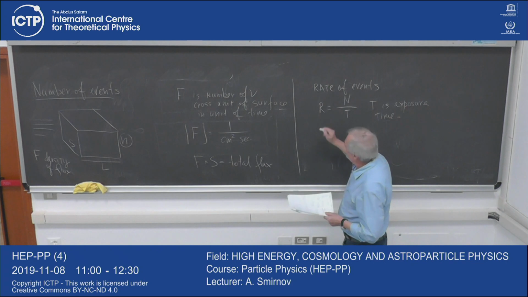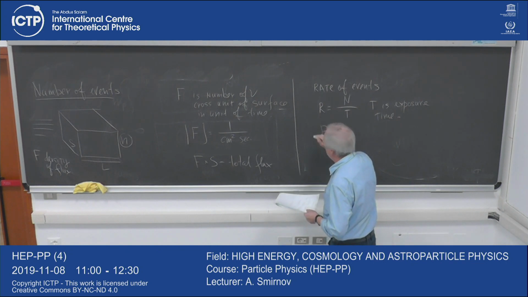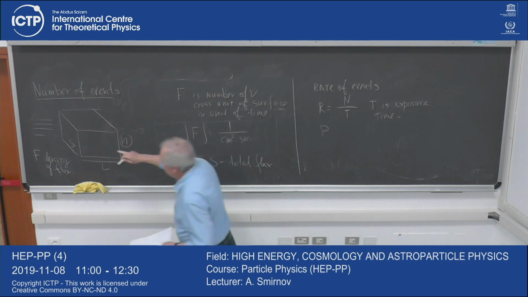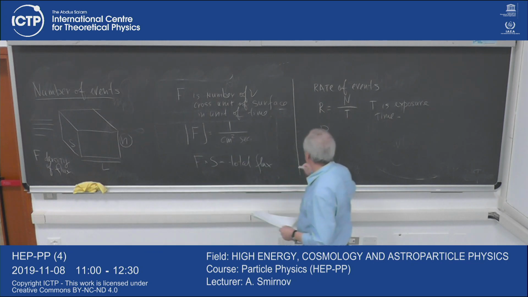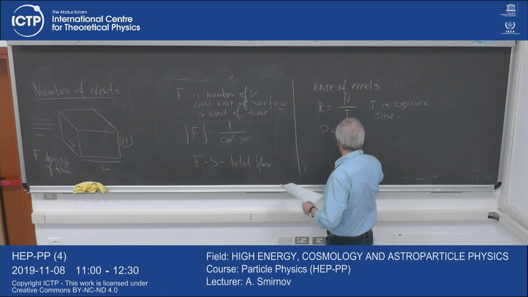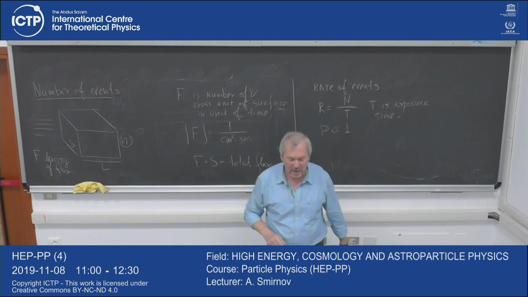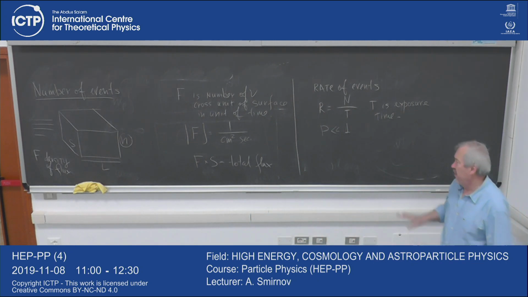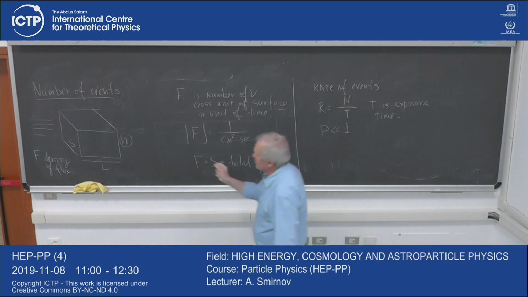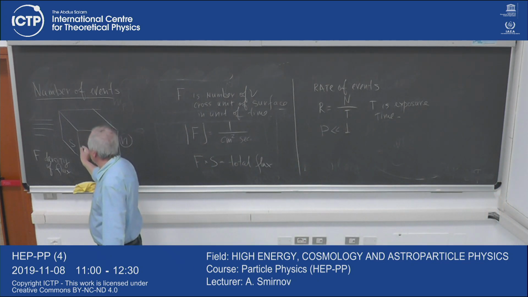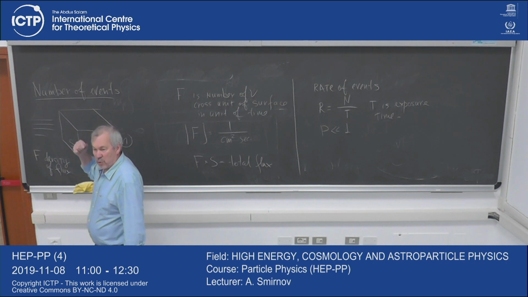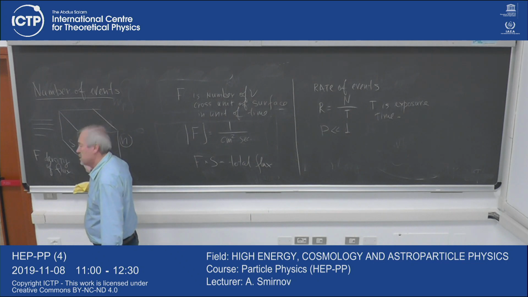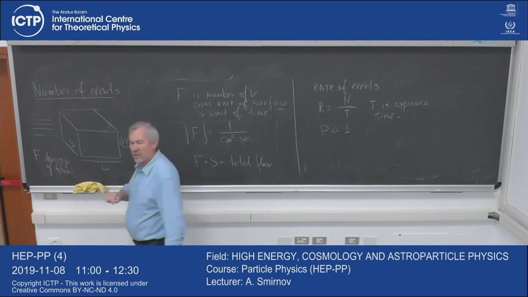We will work in the approximation when the probability of interaction of an individual particle inside this volume is much smaller than 1, which is certainly satisfied for neutrinos. If this is not the case, then one needs to consider small layers and repeat what I'm doing within small layers, take into account absorption of the flux, and then integrate over the volume.